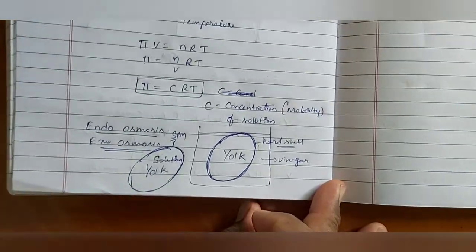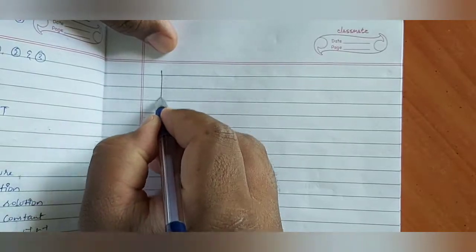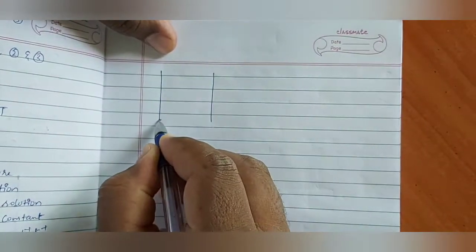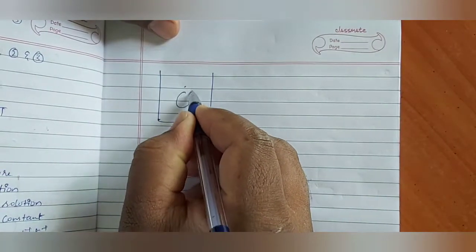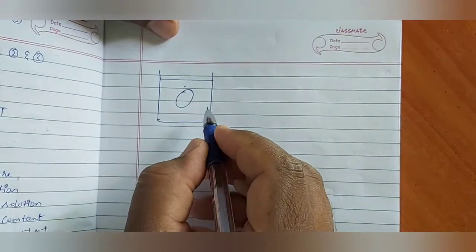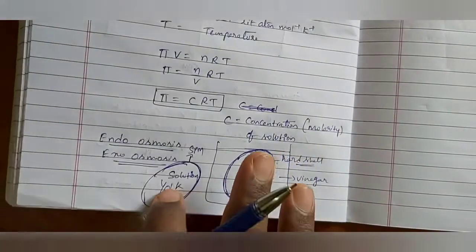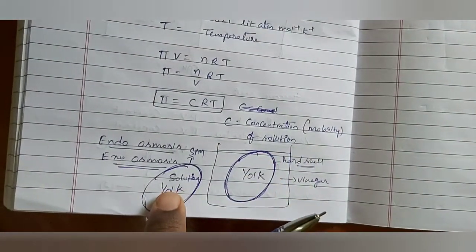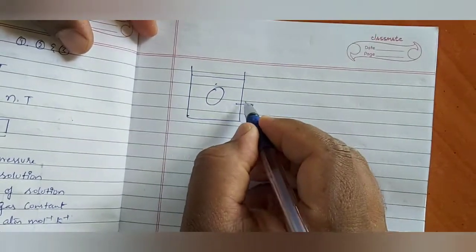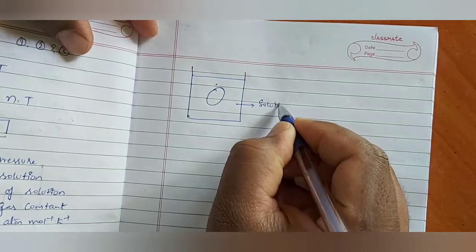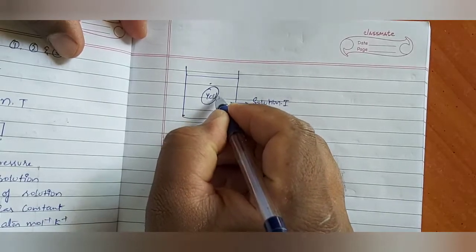Okay, this is the experiment we are going to do. Let us consider one solution. In that solution I kept this soft layered egg, with the egg yolk inside.